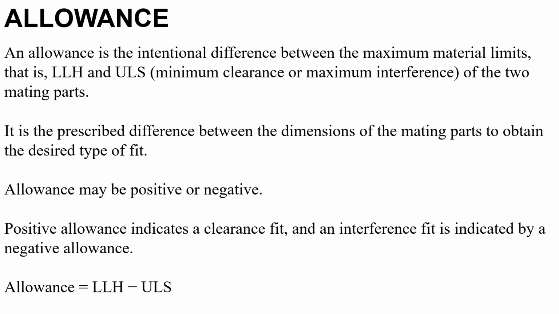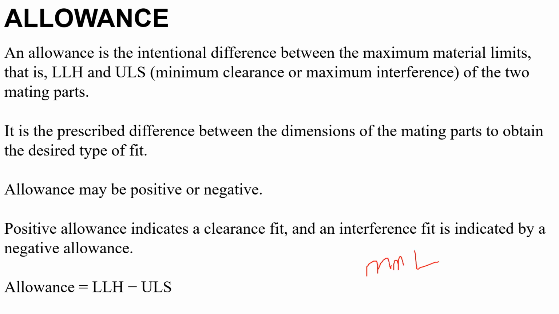Next we will discuss the allowance. Allowance is the intentional difference between the maximum material limits, that is the lower limit of the hole and the upper limit of the shaft of the two mating parts. So allowance is the difference between the maximum material limits.